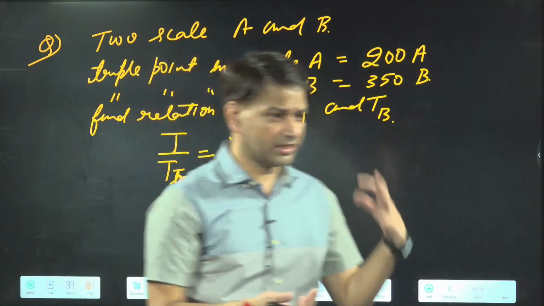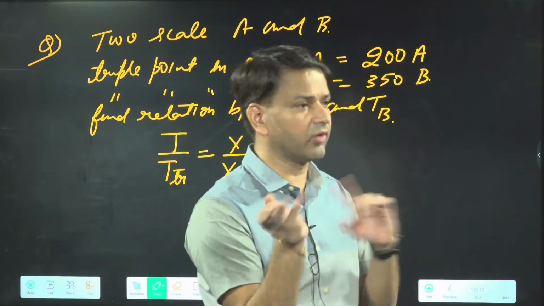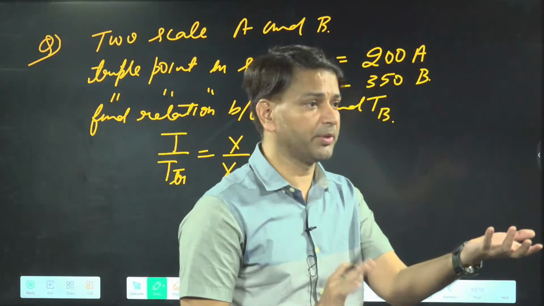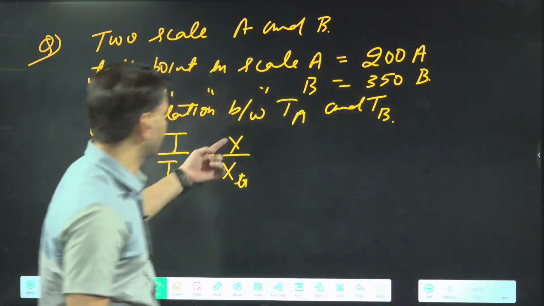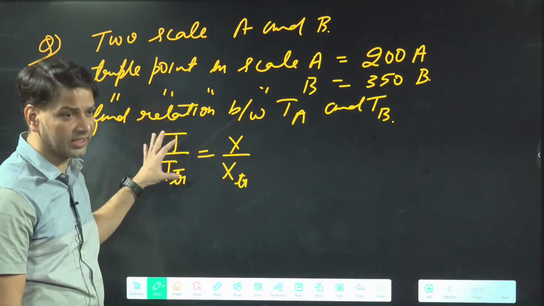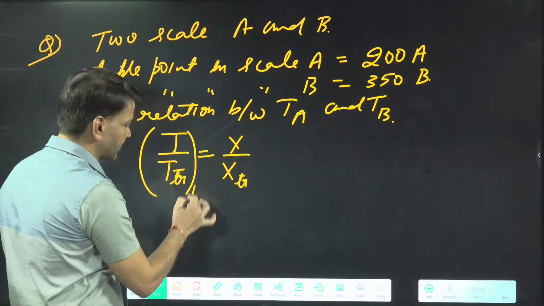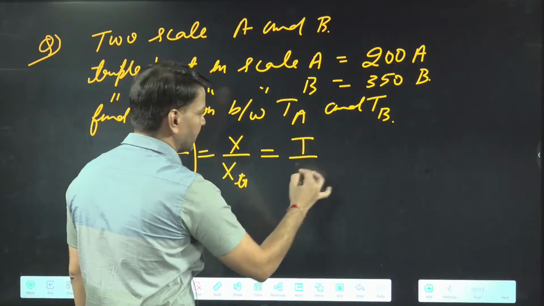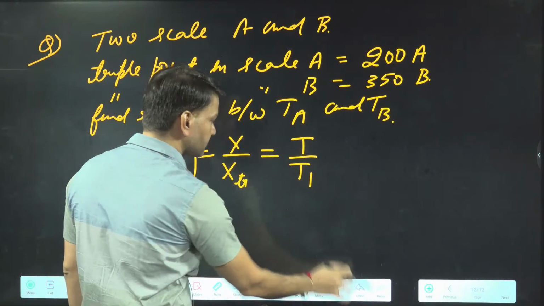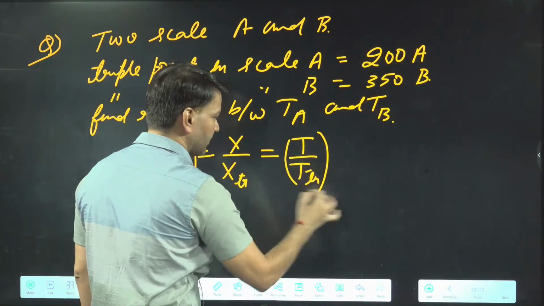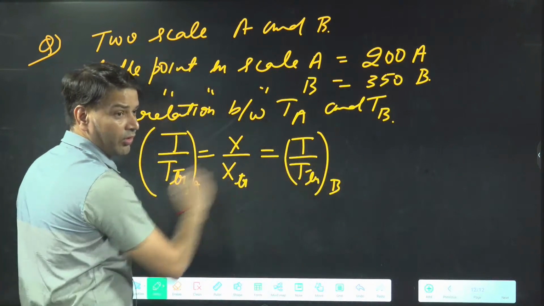Whether I use the Celsius scale or the Kelvin scale, their readings will be different, but the volume of the air will be constant. So this thermometric property will be the same, though the scale reading may be different. So I can equate this with this. I will take scale A, and write T upon T_TR of scale B. Okay, from this we can equate these two.